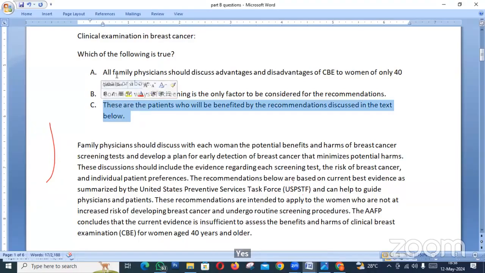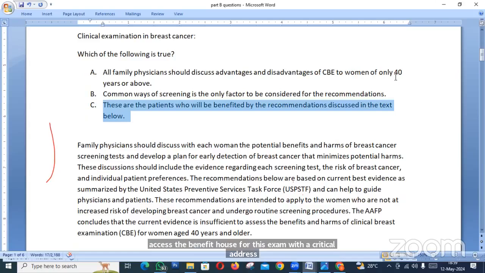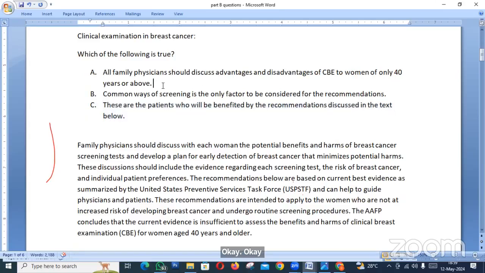A is wrong because the evidence is insufficient to assess the benefit and harms of the clinical breast examination for patients who are 40 or above. So there is no need of discussion because there is no evidence of advantages and disadvantages of CBE.